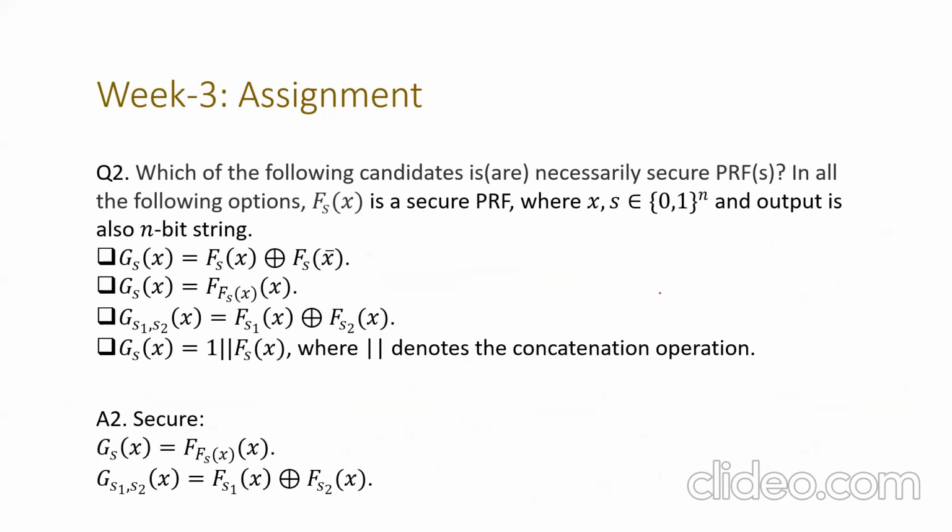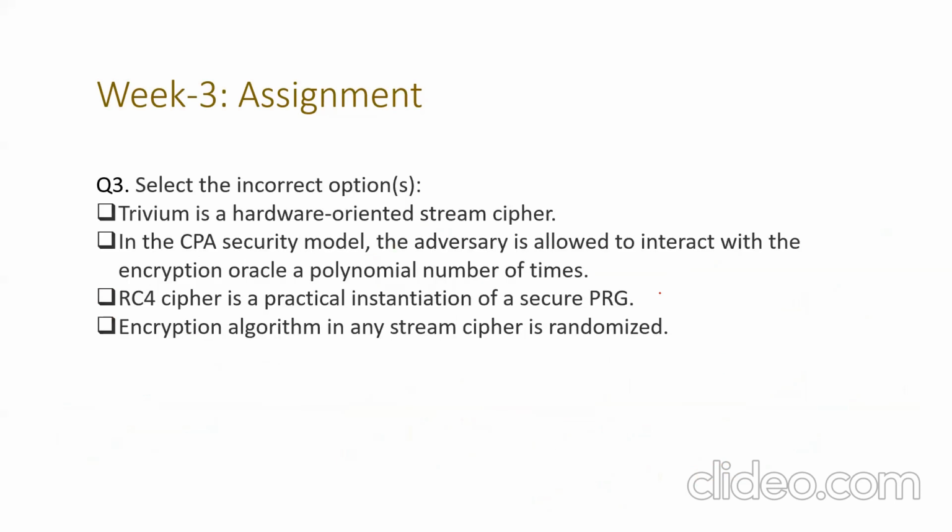Proceeding to the next question. Select the incorrect options. Trivium is a hardware-oriented stream cipher. In the CPA security model, the adversary is allowed to interact with the encryption oracle a polynomial number of times.